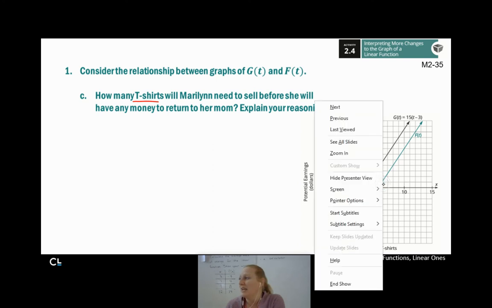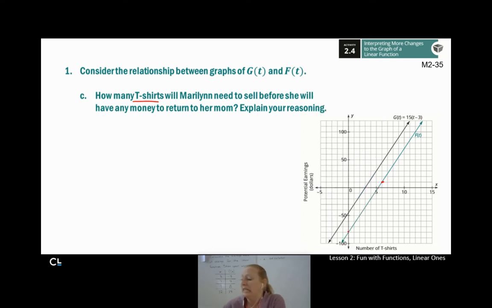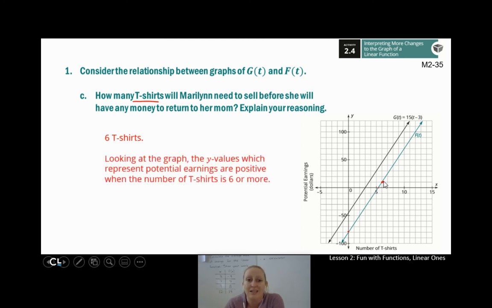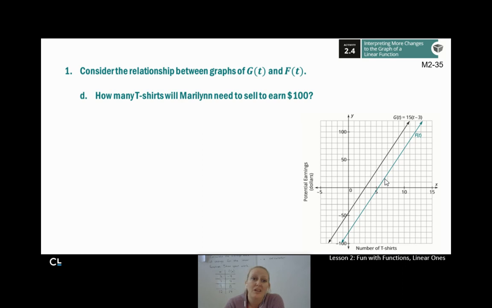It looks like she's going to need to sell at least 6 t-shirts before she's going to have any money to bring to mom. Look, negative money, negative money, negative money. It's not until we hit 6 t-shirts that she's making anything. So looking at the graph, the y values, which represent potential earnings, are positive, but not until you've sold 6 t-shirts or more. Yeah, she needs to sell at least 6 t-shirts.